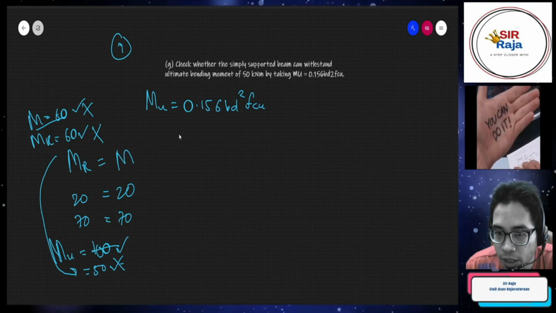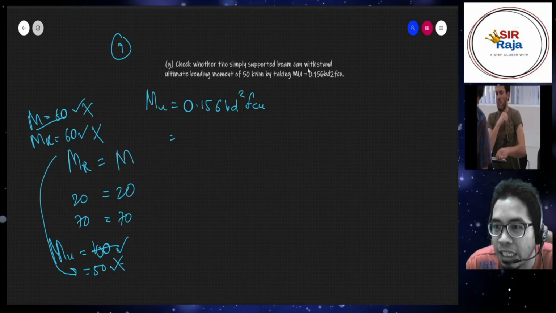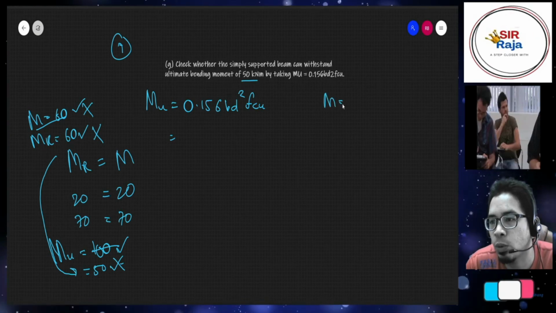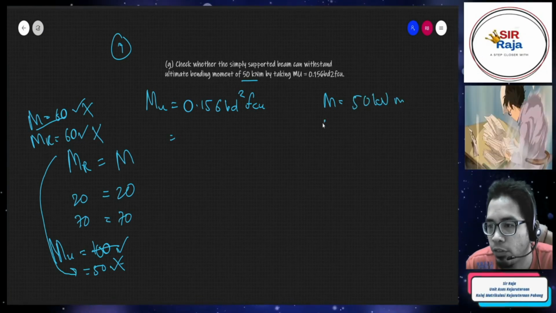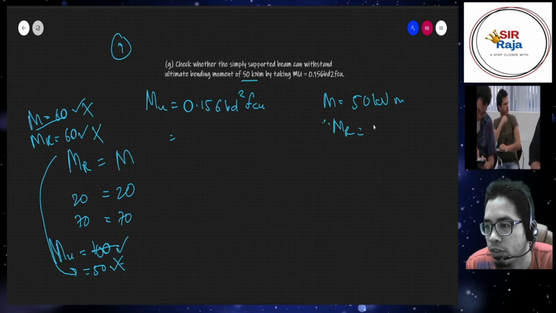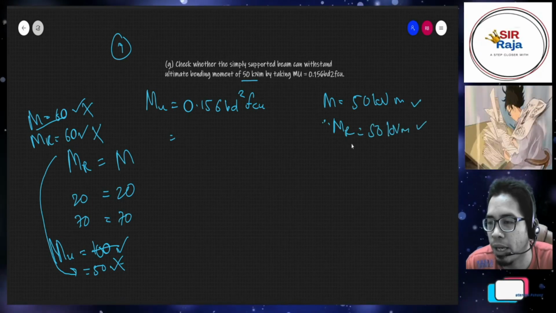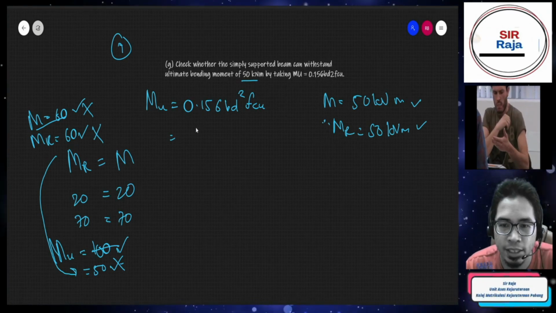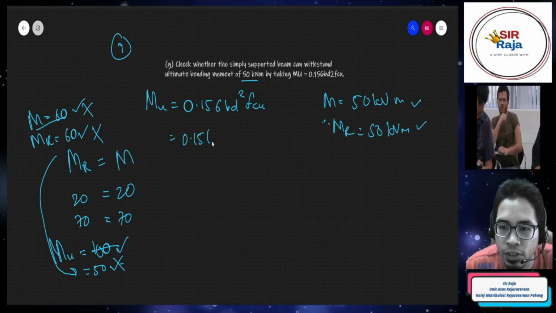So this is our MU here. The question asks, can it withstand an ultimate bending moment of 50 kilonewton meter? Therefore, of course, we need MR of 50 kilonewton meter. But can the actual strength cover it? We're going to use this formula, it's given to you, don't worry.